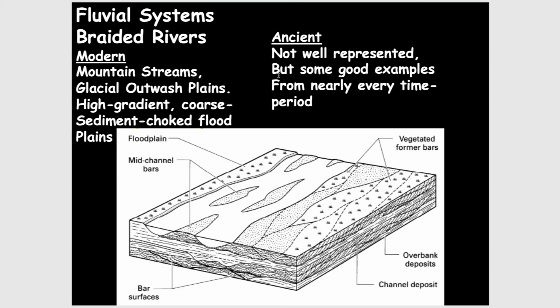So we have these multiple channels forming, and we will have the coarser fractions depositing in these parts of the braided river system, and on the sides many times you accumulate more sandy material and gravelly material, which is a finer fraction if compared to the main bed load, and it forms these sandy bars or islands.